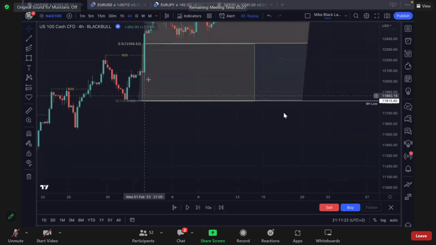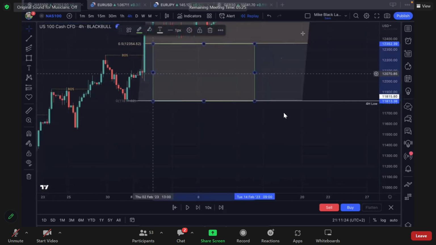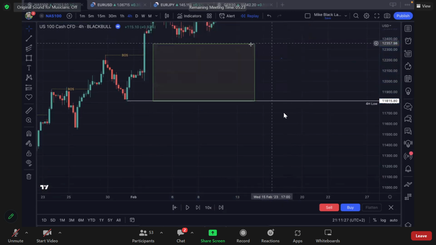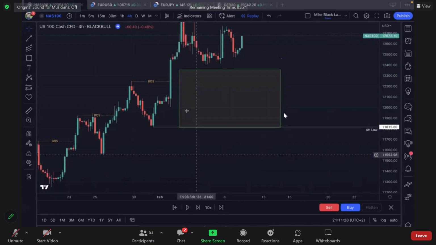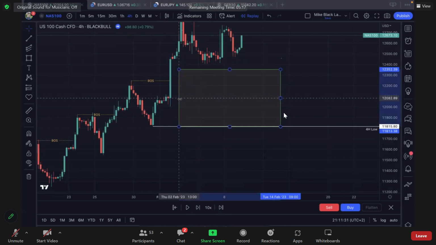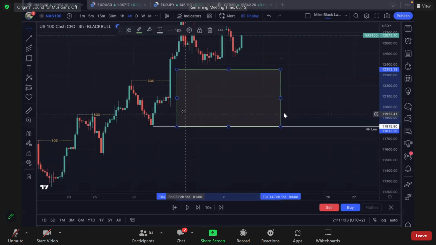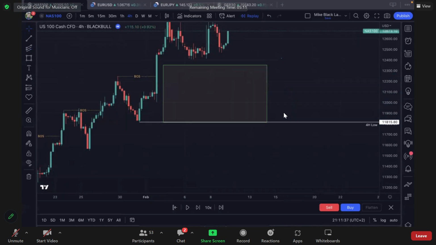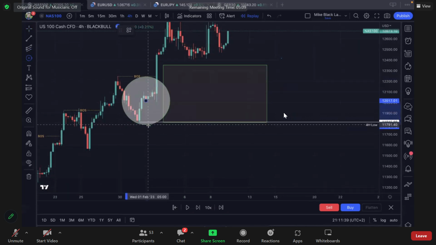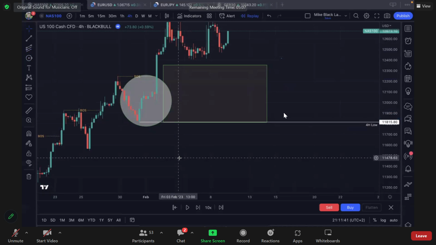So we identify our point of interest is in this area, because we want to buy in discount and sell in premium.